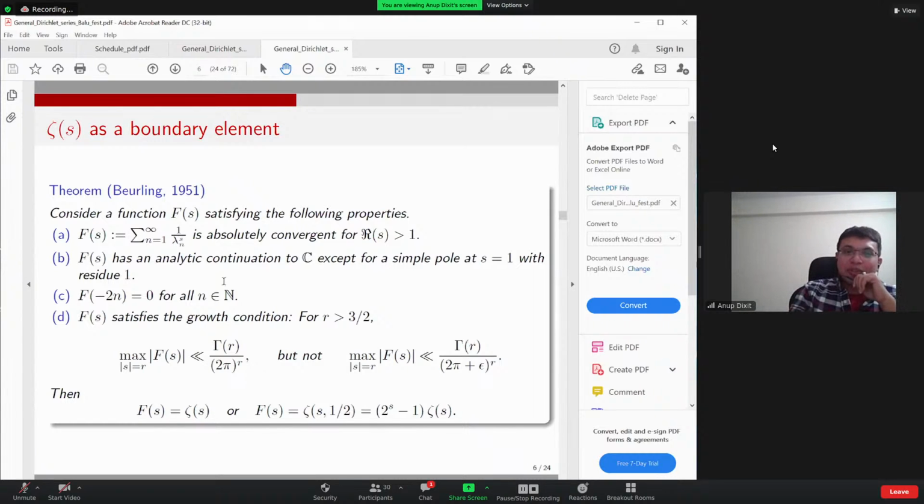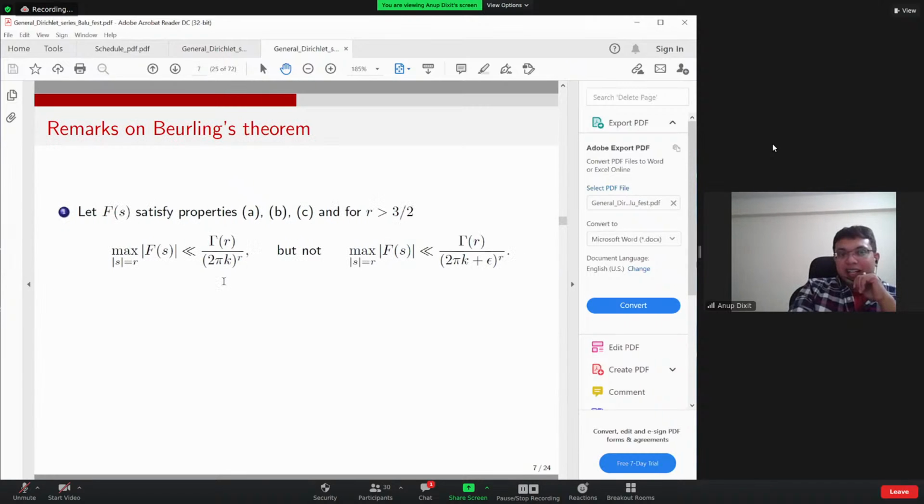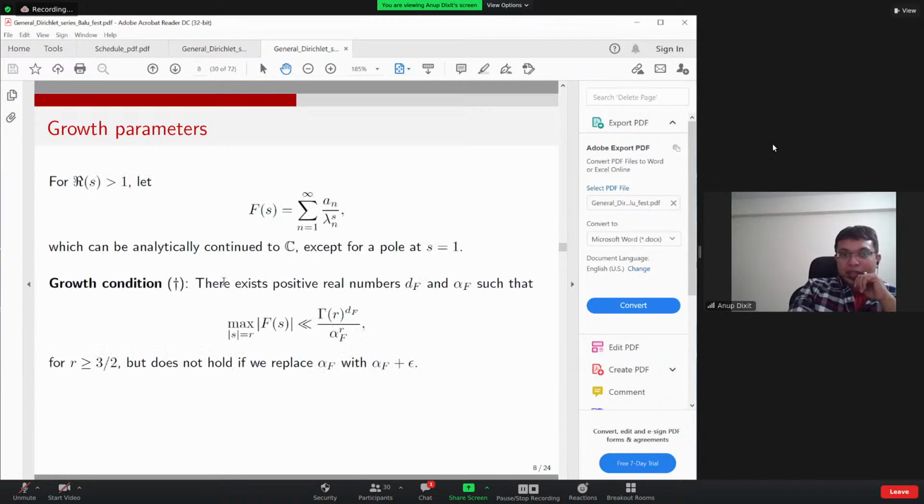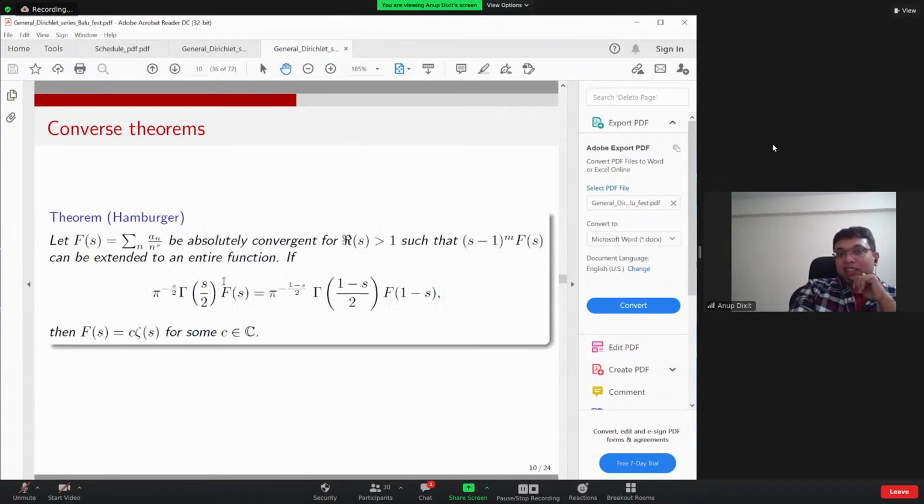But the converse theorems that I was mentioning are theorems where we look at the functional equation and try to determine the function using it. So these are converse theorems based on the functional equation. The result here is that you drop the functional equation, just look at the growth, and ask whether we can get some kind of converse theorem in that context.